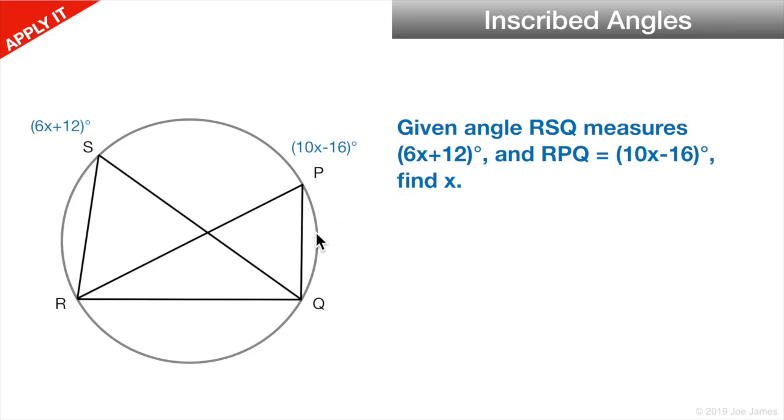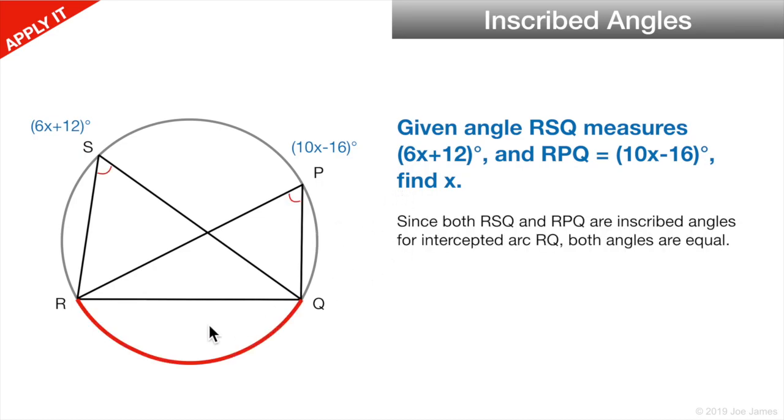Well, that's pretty easy because both of those two angles are inscribed angles, and they have the same intercepted arc, RQ, this red arc. So they're both intercepting the same arc, so we know that these two angles are equal.